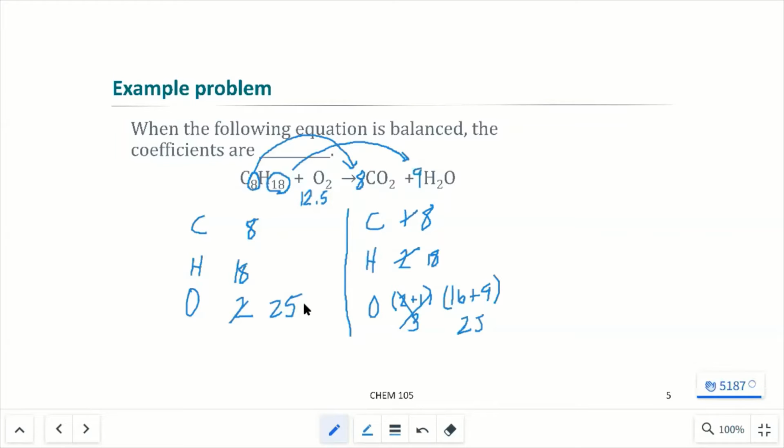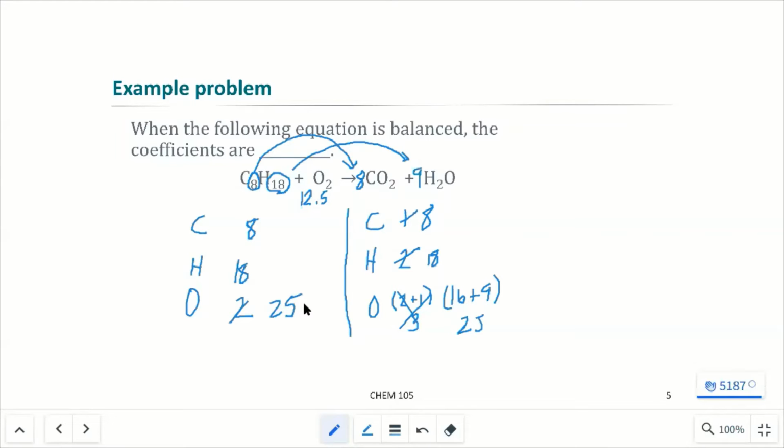Problem is, if I'm looking at this from a molecular standpoint, how on earth do I get 12 and a half oxygen molecules? The answer is, I can't. Now, if I'm looking at this on a macroscopic scale, on a molar scale, 12 and a half moles of oxygen, yeah, I can measure that. Whatever 12 and a half times 32 is, I can measure that number of grams of oxygen. But if I'm looking at the molecular scale, I have a problem.